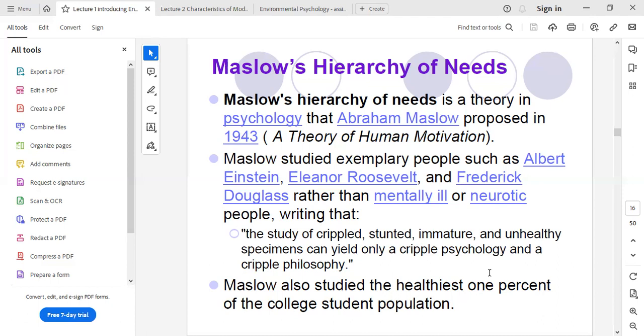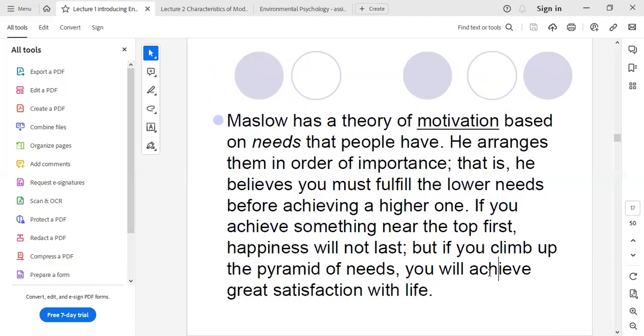So that's why Abraham Maslow focused on prominent people, exemplary people who have recorded success in their life, or have conducted certain things, or have proved humanity is intelligent. So Maslow studied these healthy people, and thus he wrote about the hierarchy of needs, or theory of motivation.